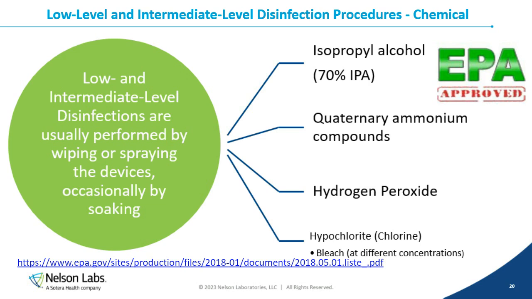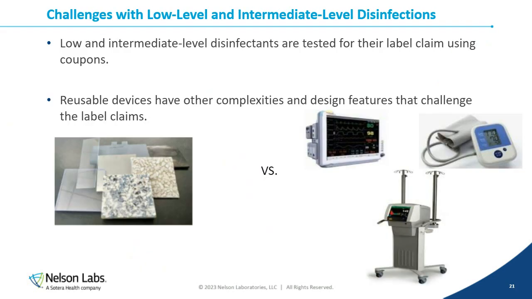So again, there are challenges with low-level and intermediate-level disinfections. Like high-level disinfectants, their label claims are tested using coupons, which again, this is a picture of some commonly used coupons. They are either non-porous or maybe just slightly porous materials, and they don't have a lot of features on them.